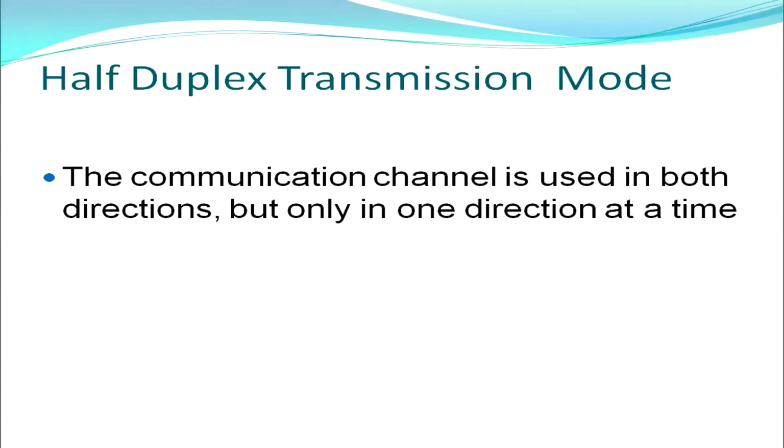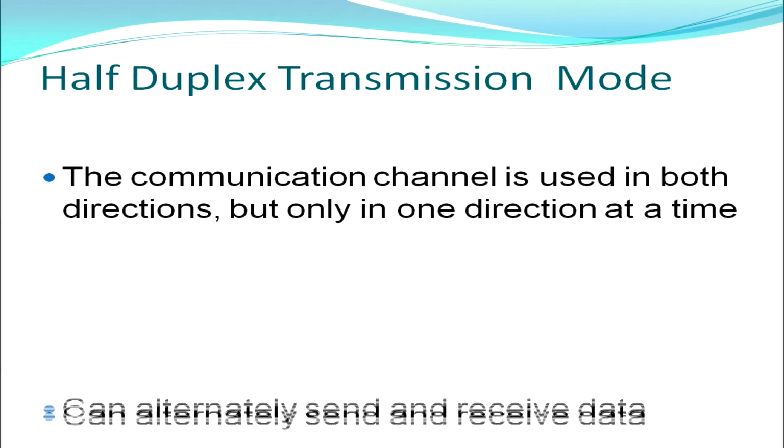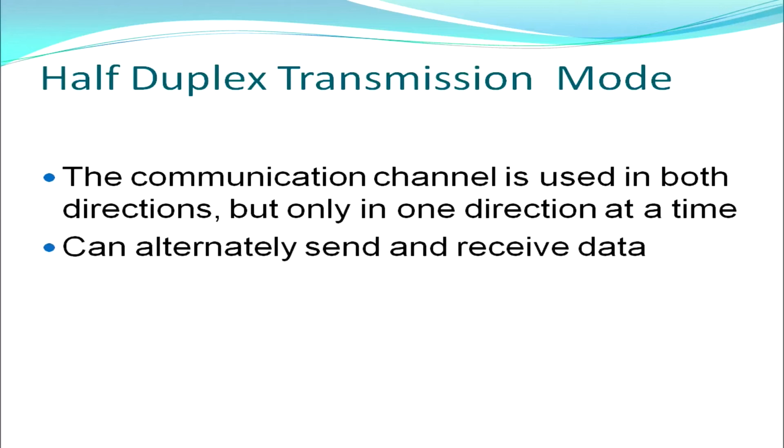We move on to the next transmission mode, that is the half duplex transmission mode. It covers up the drawback of the simplex mode as the communication channel is used in both directions, but in only one direction at a time. That means if the transmission is happening from A to B, then it will not happen from B to A during that time.